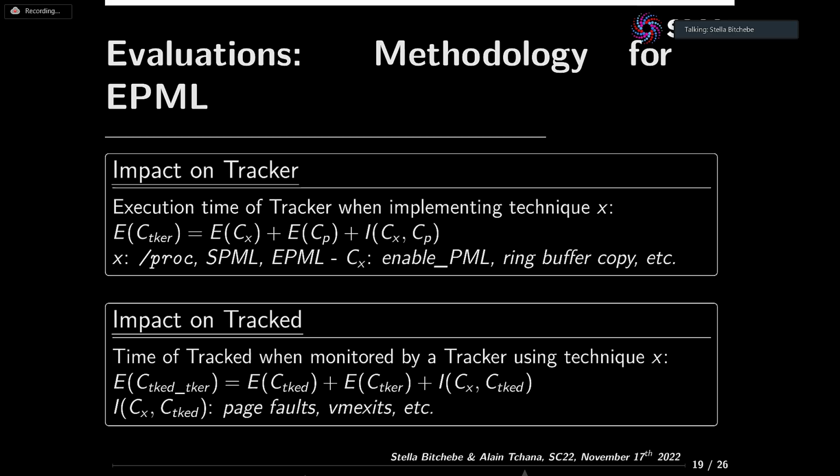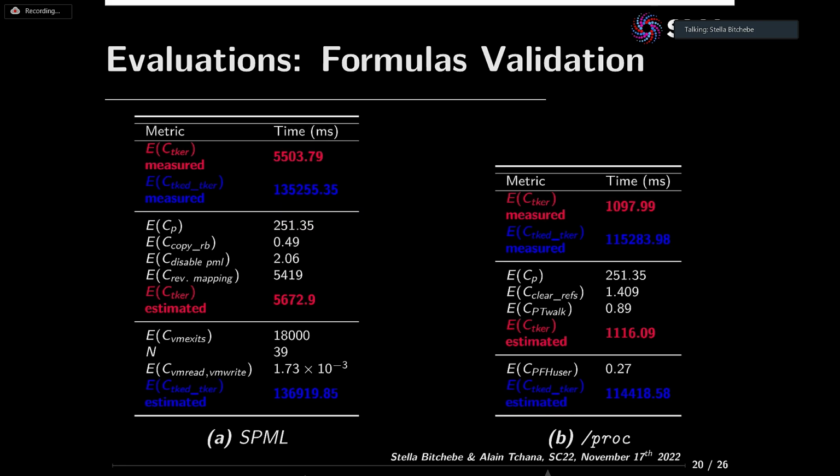So we apply them with /proc and shadow PML, run some experiments and measure the real time. And using our formula, we try to estimate that time and compare it to the one that we effectively measured.